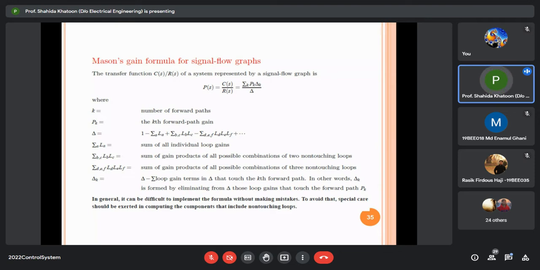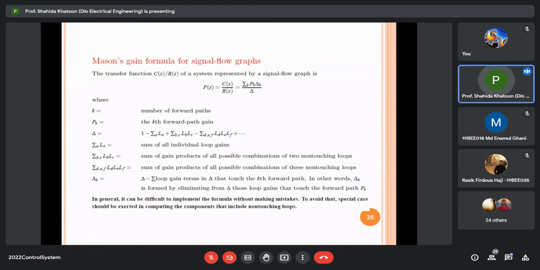So what is sigma La? It is the sum of all individual loop gains. Okay. Then sigma Lb Lc is the sum of gain products of all possible combinations of 2 non-touching loops. Then sigma Ld Le Lf is the sum of gain products of all possible combinations of 3 non-touching loops.